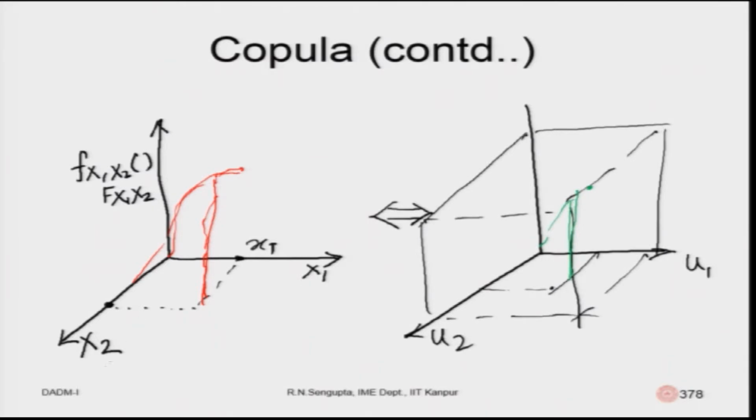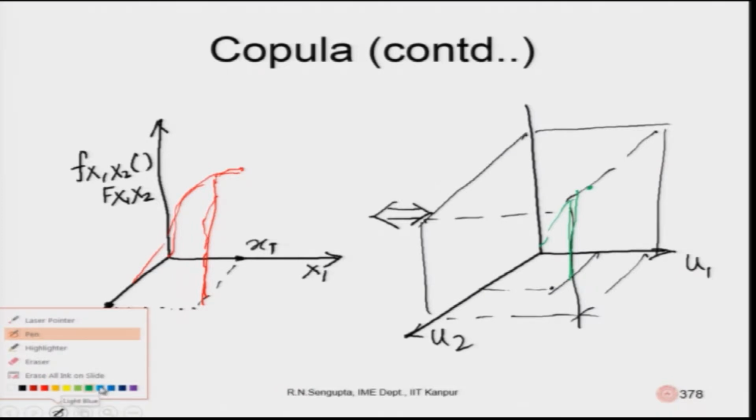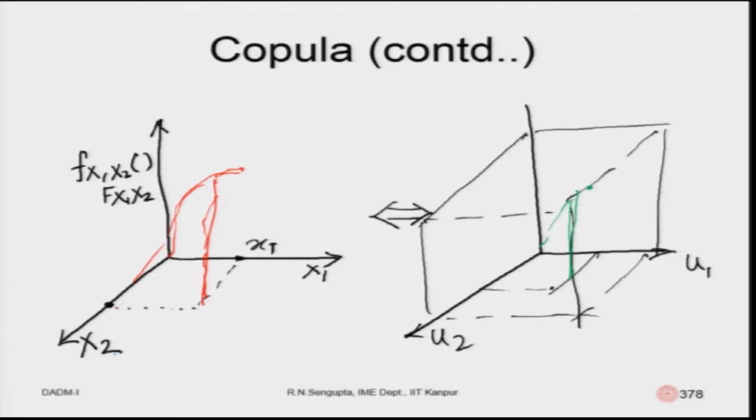So, what you are doing is mapping the value of these x1, x2 and the corresponding CDF value which you have with u2, u1 and this, such that this will be possible.